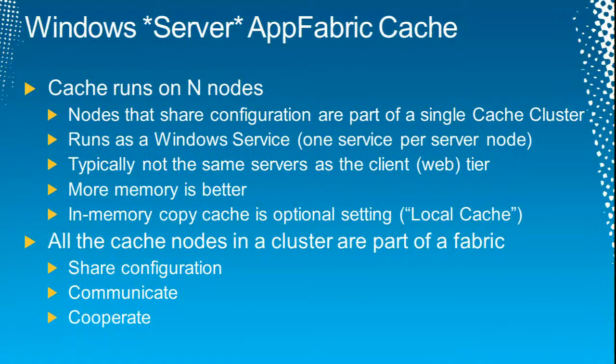Of course, when you turn on the local cache, then you start having to go back and look at the cache coherency problem. Because it is possible for the distributed cache to have one version of the data, and the local cache on one machine to have another version, and the local cache on a third machine to have a different version. It all gets synced up fairly quickly, but there's no guarantee it will all get synced up within 50 milliseconds.